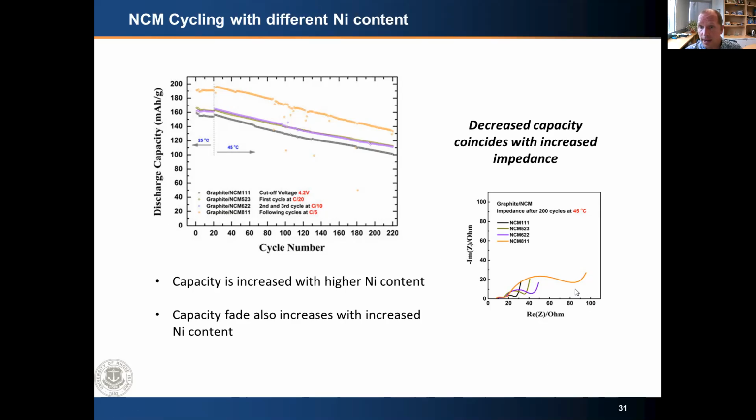In addition, if you look at the electrochemical impedance spectroscopy, going from the NCM 111 to the 523 to the 622 and then to the 811, you see a steady increase in the overall electrochemical impedance of the cells, which adversely affects the overall performance of the cells. So by going to higher nickel content, we both increase the capacity fade, and we also increase the growth of the impedance of the cells.